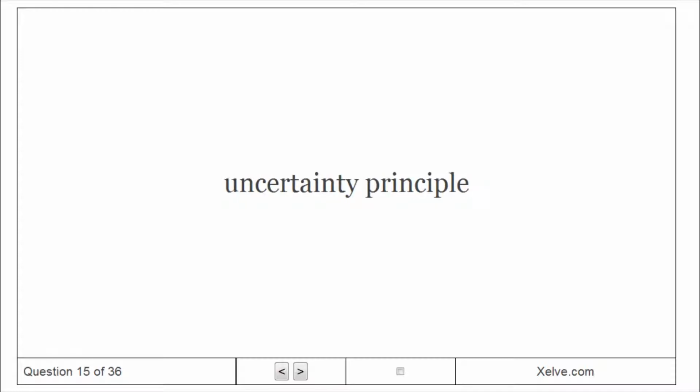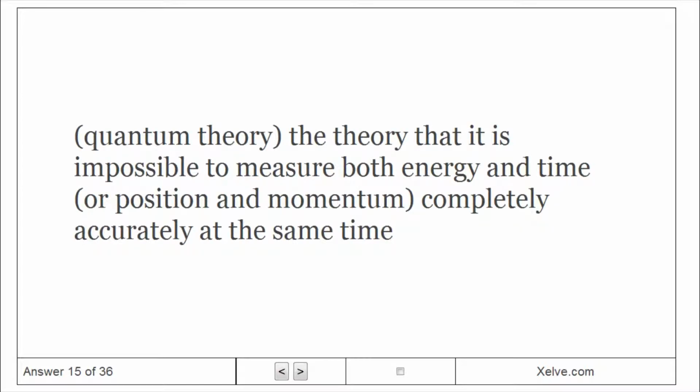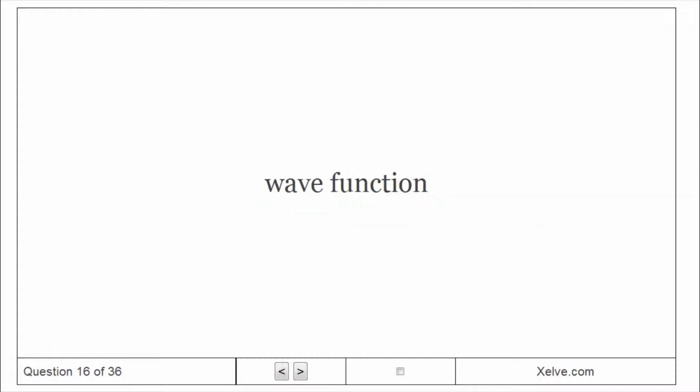Uncertainty principle. The theory that it is impossible to measure both energy and time completely accurately at the same time. Wave function.